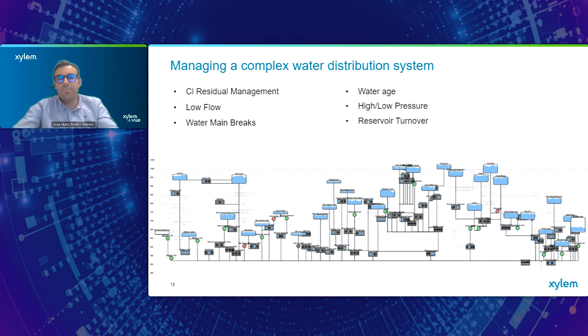So here we can name the same kind of issues most utilities have, I would say. Ensure water quality from different angles, managing burst and leakage, and also pressure management to keep systems in shape and extend their useful life.